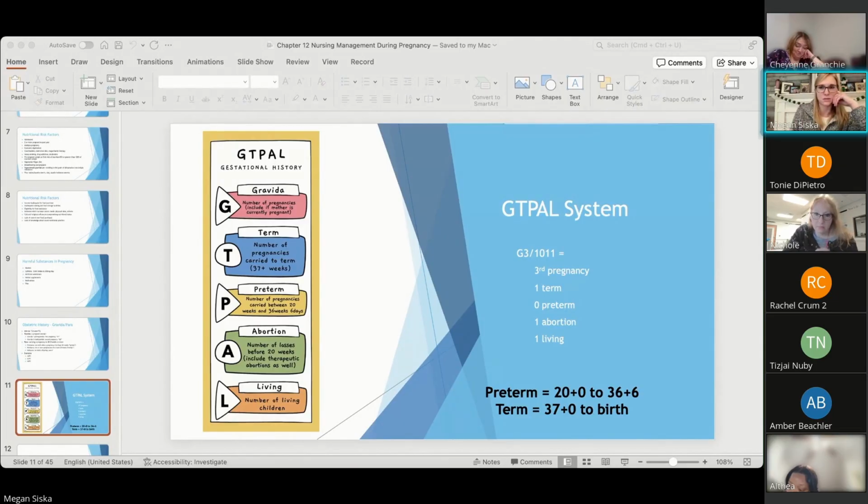I was going to say too, guys, and I know we are going to practice this in lab, but also, once we get into the number of living children, that actually takes into consideration the number of individual children. So the gravida is the number of pregnancies, as Ms. Siska had mentioned.